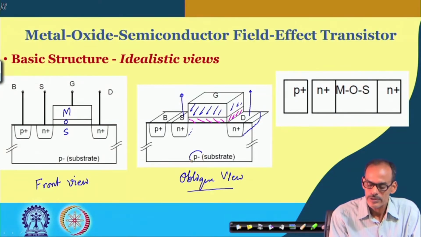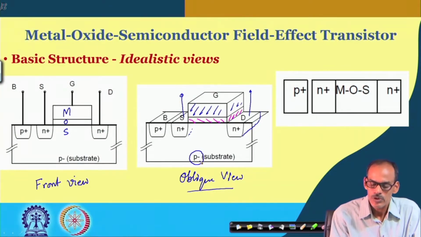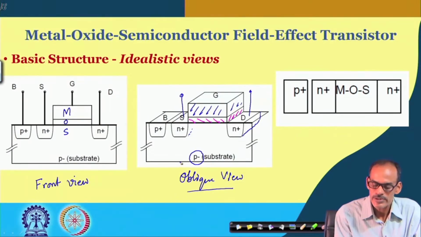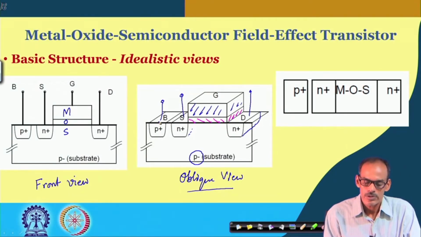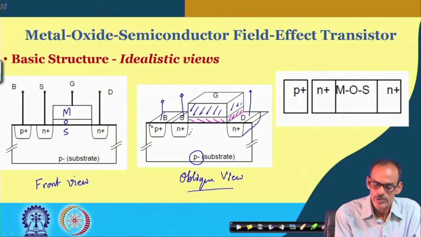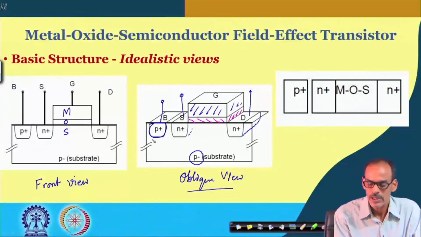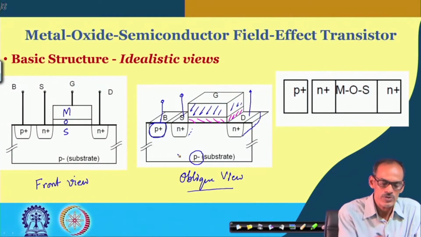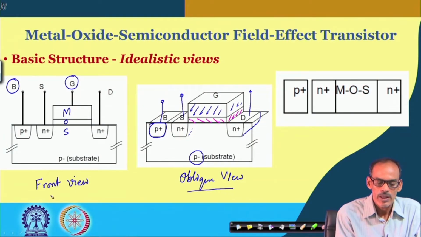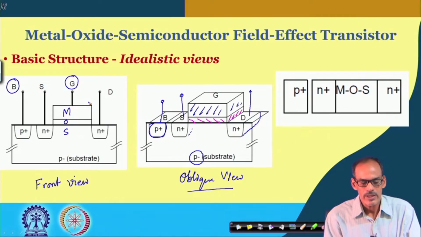And note that this substrate is weakly doped. So, if you directly try to access this substrate from the top through a metal line, that may create a Schottky diode. To avoid the Schottky diode, we can put a p plus region, and then you will get an ohmic contact. So, this p plus island is basically working as the terminal for the substrate. It is referred to as body. So, that is why we call this body, we call this gate, and these two terminals are essentially interchangeable.